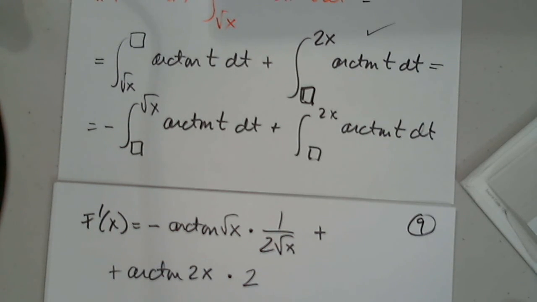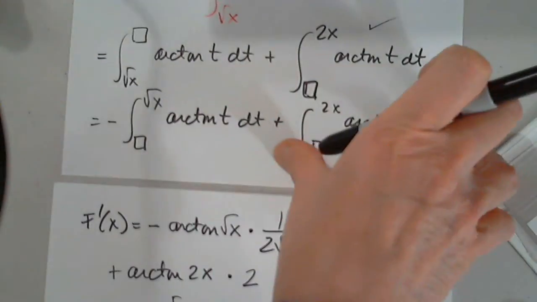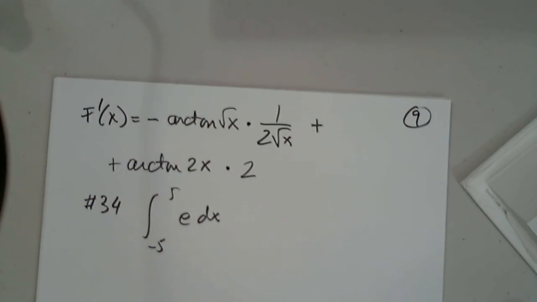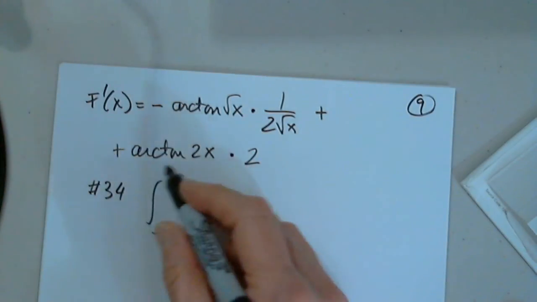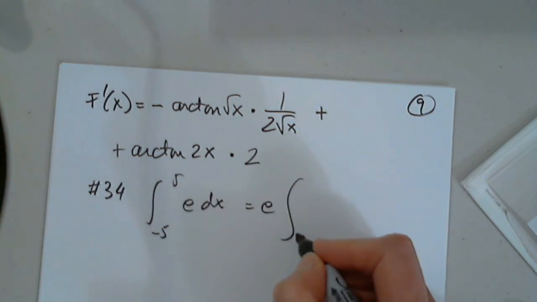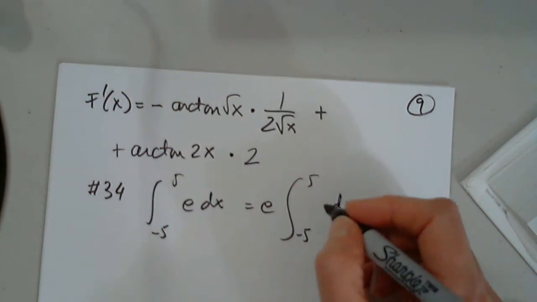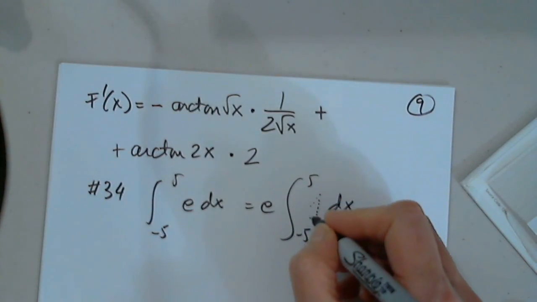34. Where is 34? Yes, perfect. So let's look at 34. Let me copy it: the integral from -5 to 5 of e dx. Perfect. And let me stop sharing. Good. So this is a constant, and we know that the constant goes outside. The function must exist, so there is nothing else that could be there but 1.